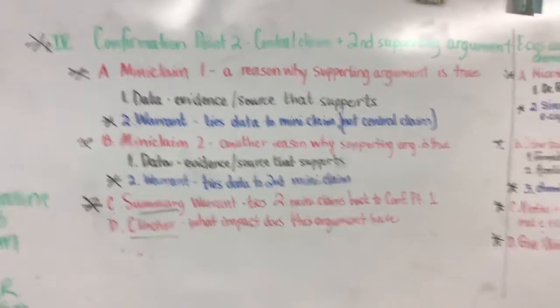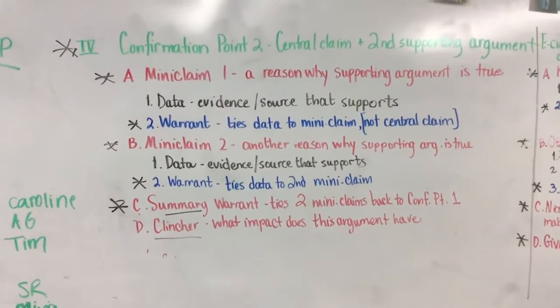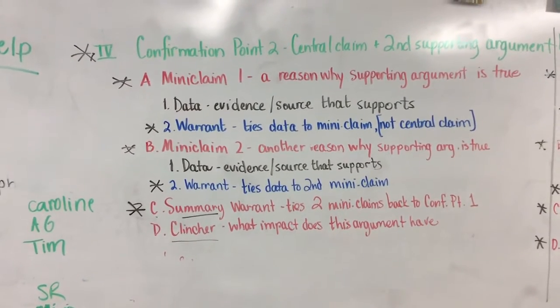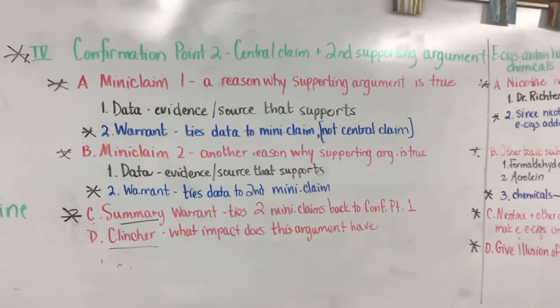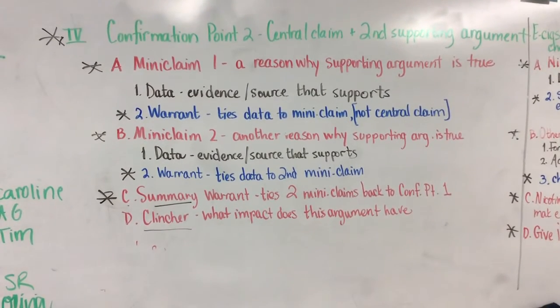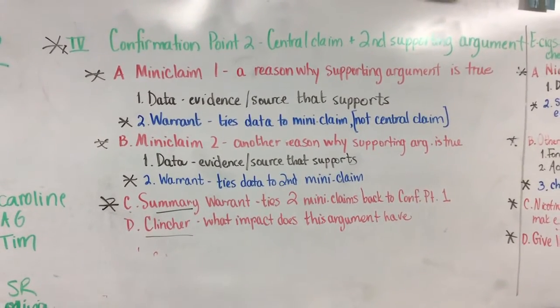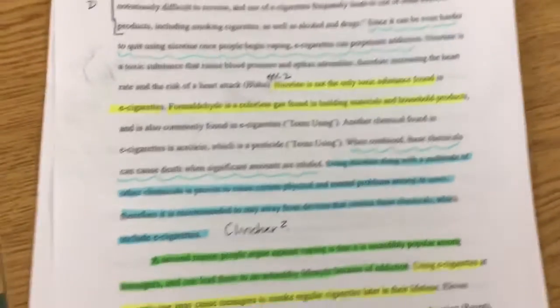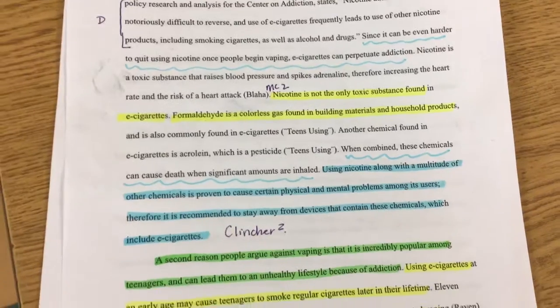Okay, then the last thing we're gonna do, next to last, is a summary warrant. Now, summary warrant is really different because the summary warrant is taking your two mini claims and tying it to the supporting argument. You don't need to restate data here. You're just summarizing what you've proven in the mini claims. So, right here in blue is her summary warrant.